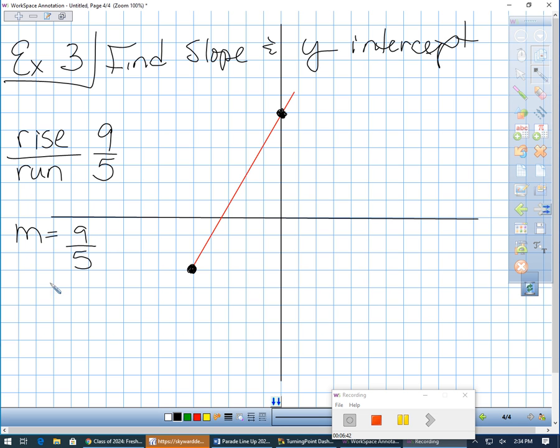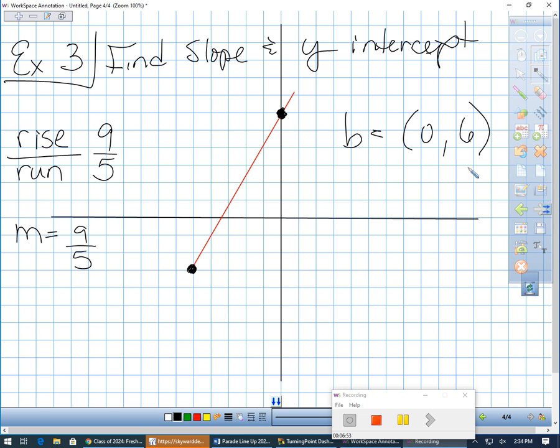All right, then your y-intercept is the point where it crosses the y-axis. (0, what?) 1, 2, 3, 4, 5, 6. I agree. Okay. Questions on that? Do you need another one to find the slope from a graph? No? Okay.